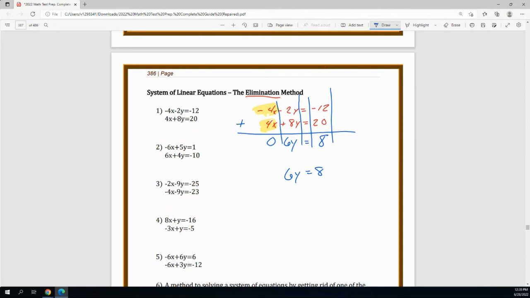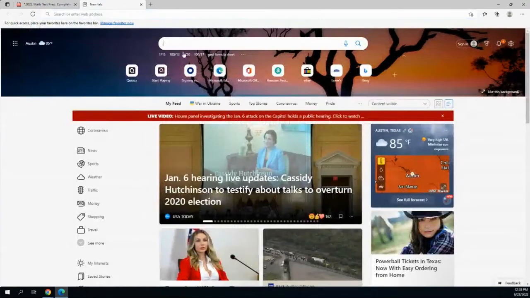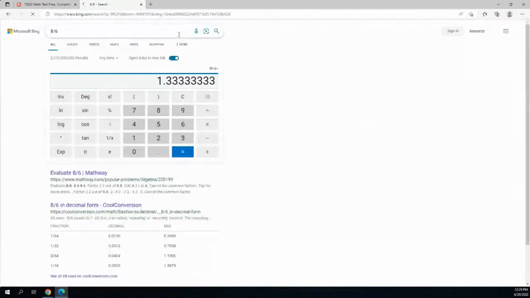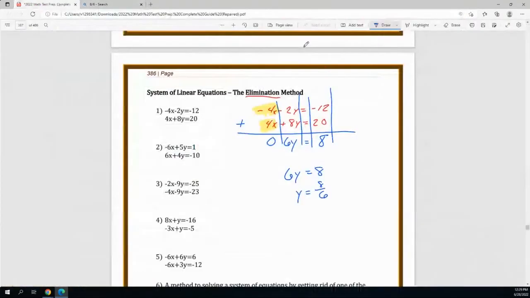We want to continue to solve using algebra, okay? We're solving for y. So the opposite of multiplying y by 6 is to divide the other side by 6. So I'm left with 8 divided by 6. Let me pop that in the calculator because I have a tendency to come up with the wrong number. 8 divided by 6 is 1.3 repeating.